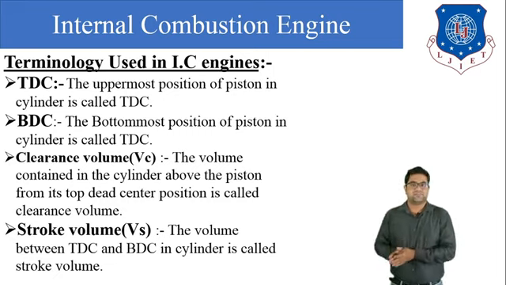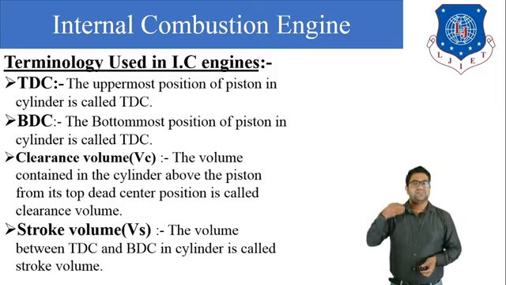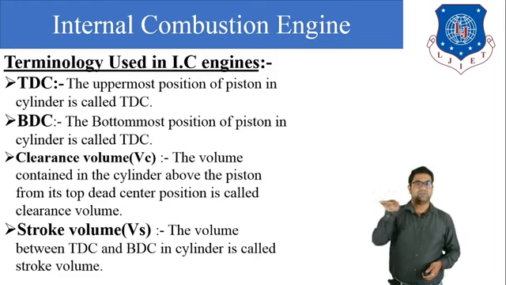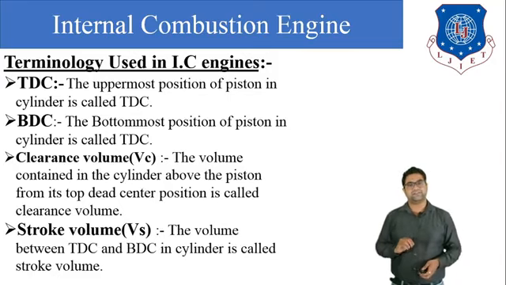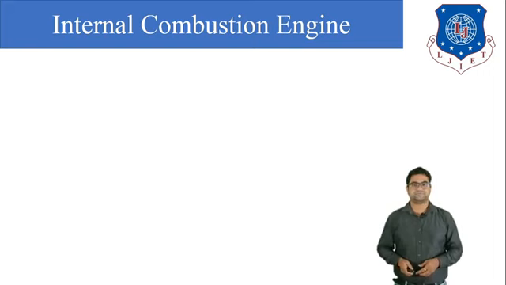The total volume is the clearance volume plus swept volume or stroke volume. The clearance volume means the gap or volume between the top dead center and the cylinder head, and the stroke volume means the volume occupied by the piston while traveling from the top dead center to the bottom dead center.